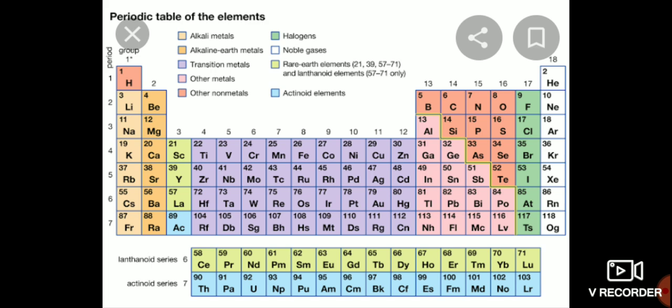Each group is independent. Groups 1 and 2 are metals, groups 3 to 12 are transition metals, groups 13 to 17 are metals and metalloids, and group 18 is the inert gases group. So each group is independent.